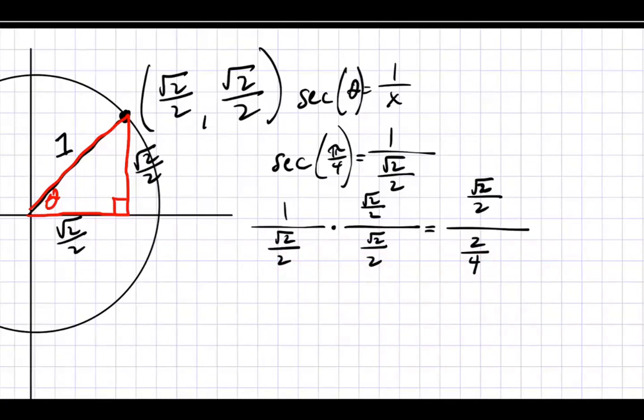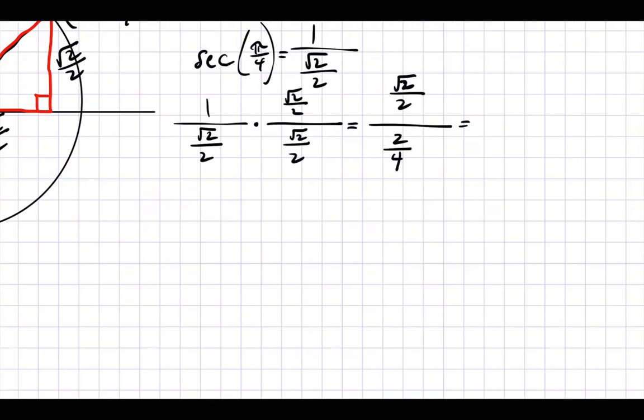Okay, so you have a division problem now. You're going to keep, change, flip: keep the first one times the reciprocal of the second one.